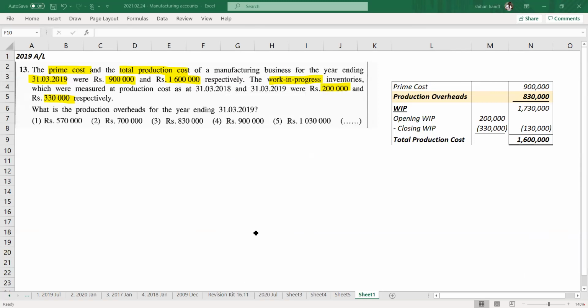In a situation where they haven't told where to record work in progress, where should we record? We have to record it to the total production cost. If they have not mentioned where, you have to adjust it to the total production cost, right? Not to the prime cost. If it is for the prime cost, they have to mention it's for prime cost, right? So let's do another question, not an MCQ.